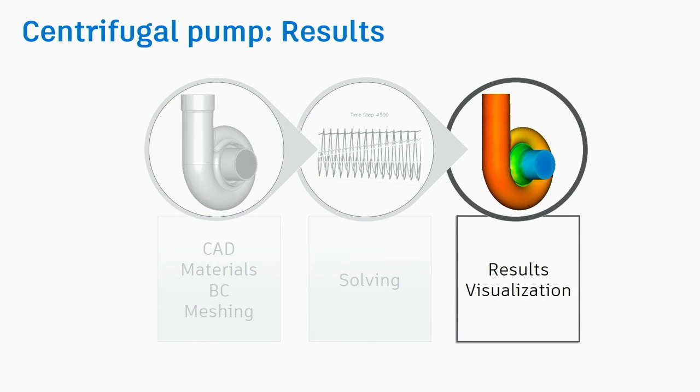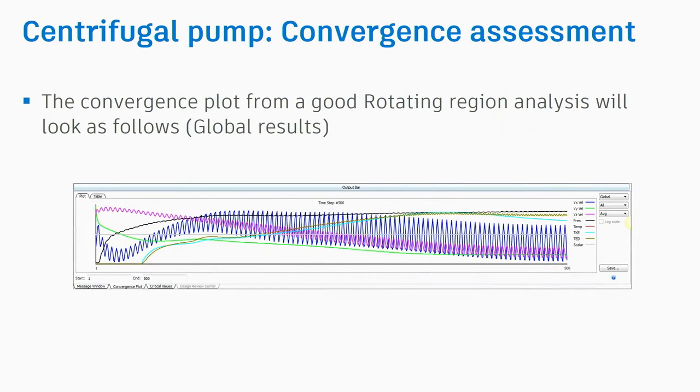So the final step is the result visualization and colors. In opposite to steady state analysis, a very good rotating region analysis should have this convergence plot that has the periodic aspect.